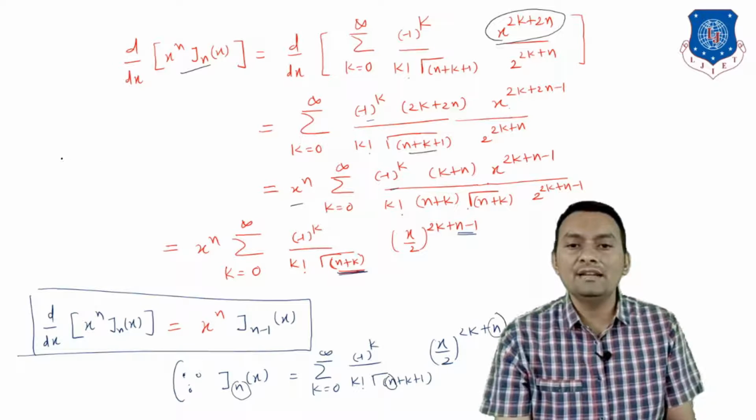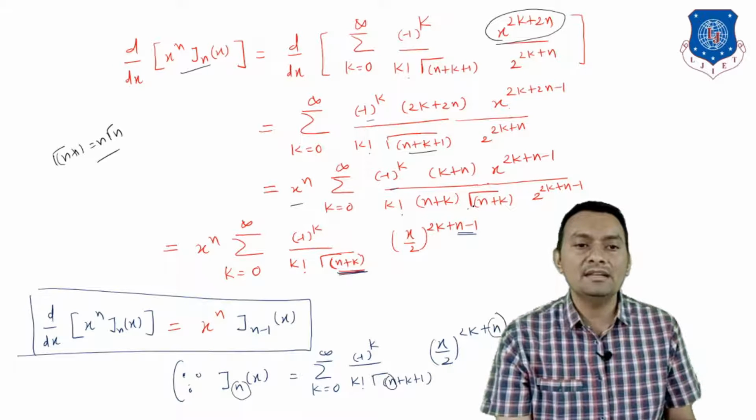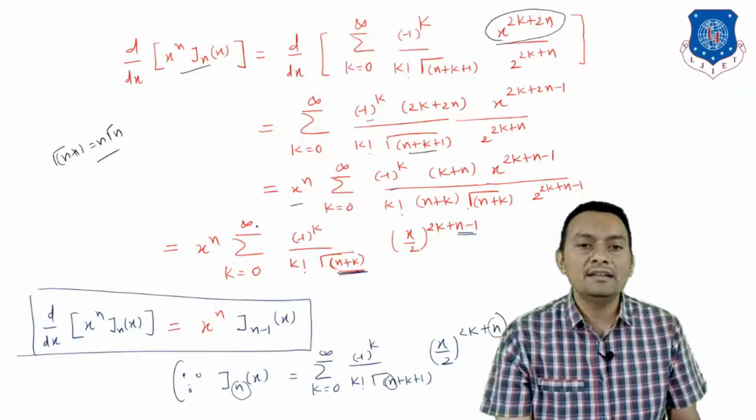One another result that we are going to use is that gamma(n+1) is nothing but n times gamma(n). According to that we can have (n+k) times gamma(n+k). Also, altogether we are taking x^n common from the summation, so we will have x^(2k+n-1).